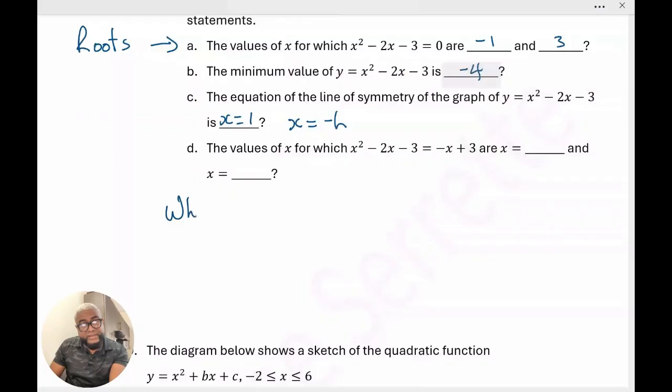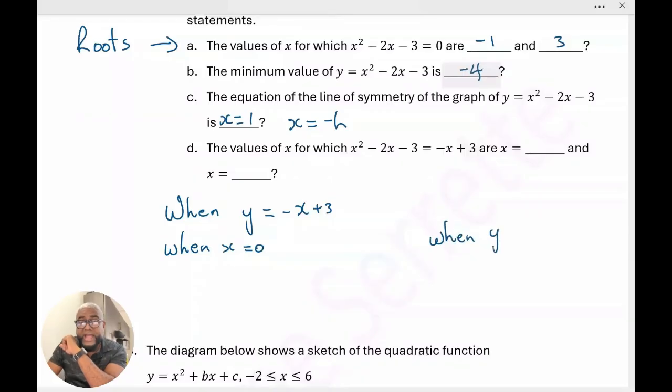So I'm going to say when y is equal to -x plus 3. We need to get two coordinates on this line, right? So we say when x is equal to 0, we figure out what y is. And then when y is equal to 0, we can figure out what x is.